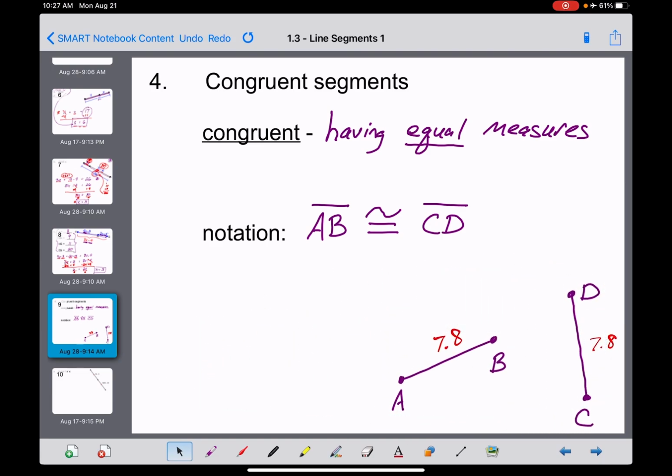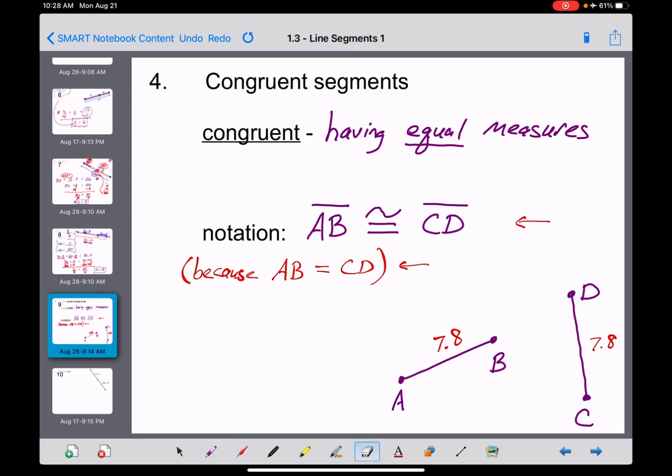The word congruent means having equal measures. So the reason these are true is because, going back to the notation we used before, the measure of line segment AB is equal to the measure of line segment CD. So that's a little bit weird to get used to. We use the symbols over the top and the congruent sign, but if we're not using the symbols, we're talking about numbers, then we use the equals.